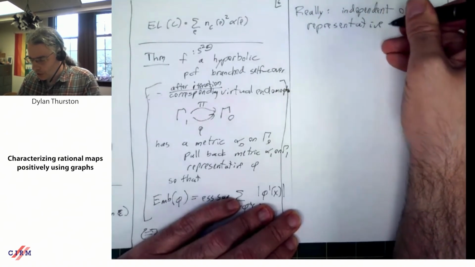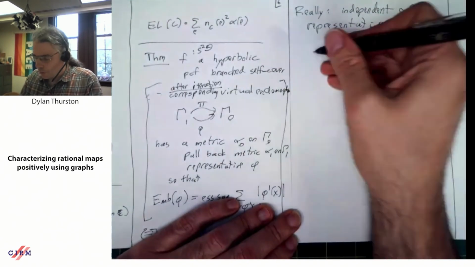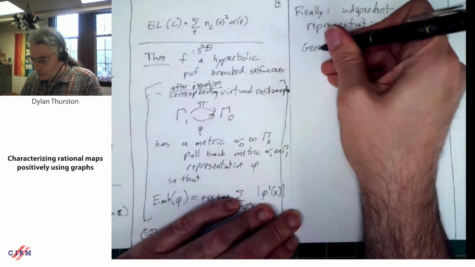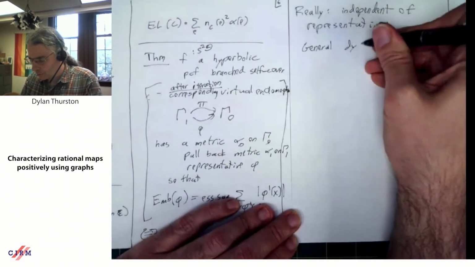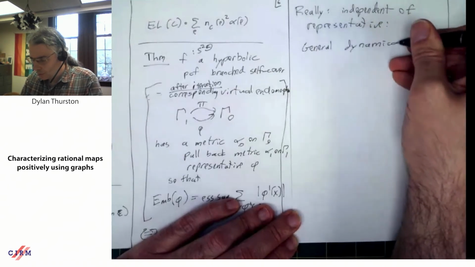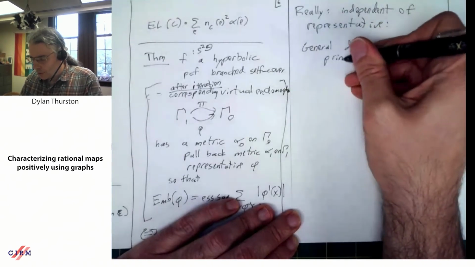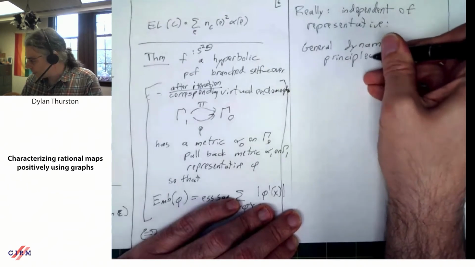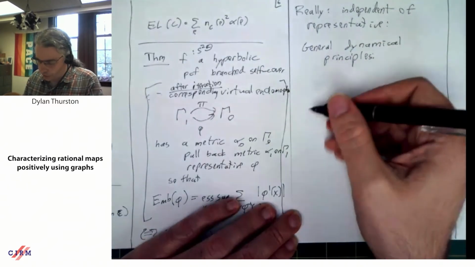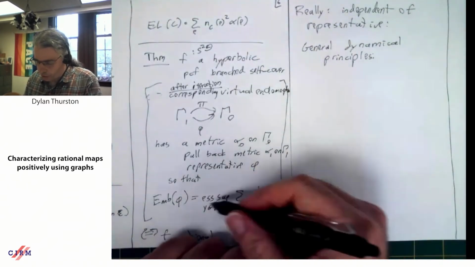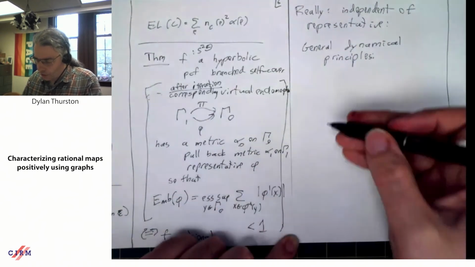So really what's going on is that for general dynamical principles, the amount you stretch asymptotically is independent of your representative.